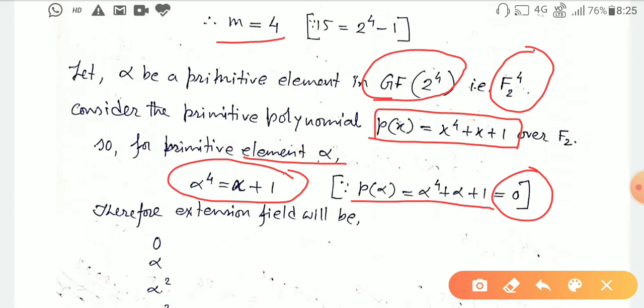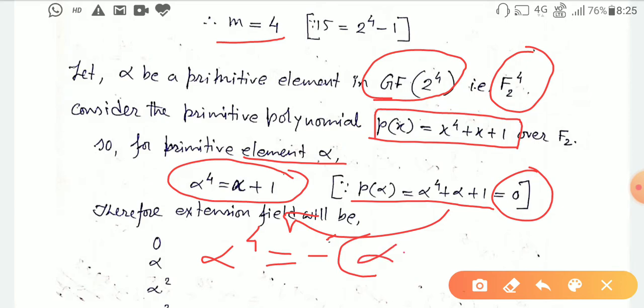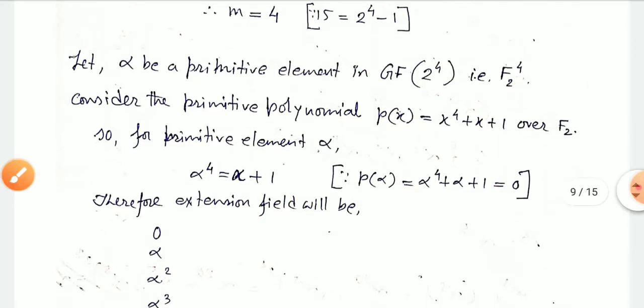The question is: why is alpha to the power of 4 equal to alpha plus 1? From this equation it would seem to become alpha to the power of 4 equal to minus of alpha plus 1. Then why is this minus omitted? The reason is that, again I repeat, the question is given as a binary BCH code.